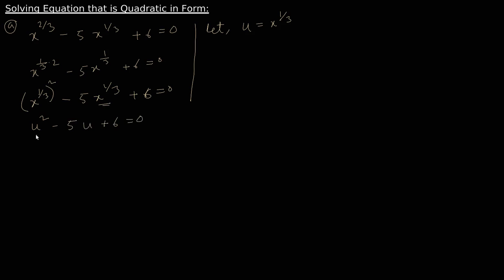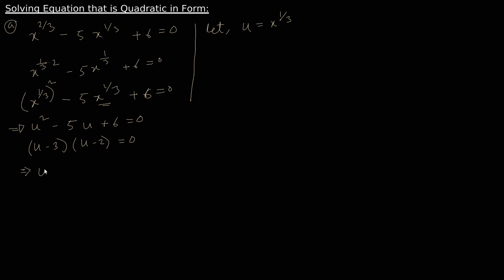So now as you can see, this is a classic quadratic equation. So now I can solve this quadratic equation by the quadratic formula or any other method. So let's do factoring. So I have (u minus 3)(u minus 2) equals 0. So let us see the solution.